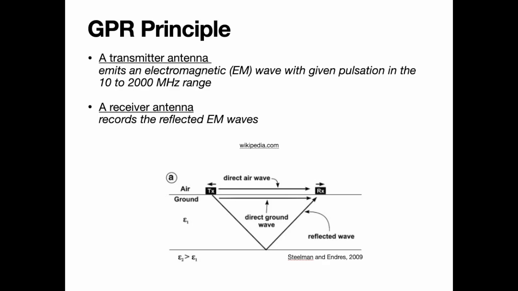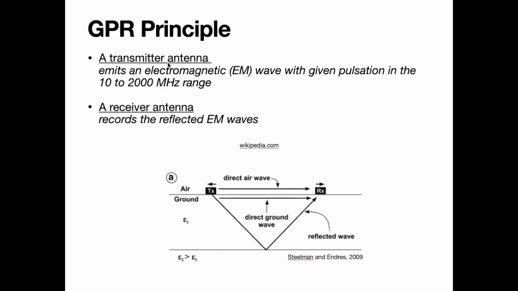So for the principle, there is basically a transmitter antenna and a receiver antenna. So the transmitter here, a receiver here. This is air, this is the ground, and you have a structure here with a flat layer. There are contrasting properties between this layer of the ground and the second layer of the ground.